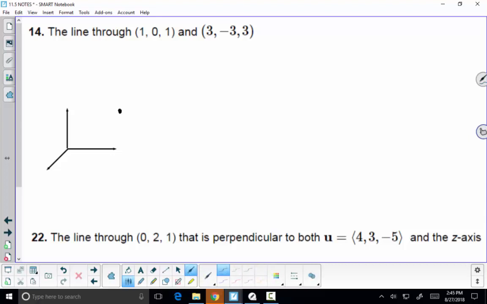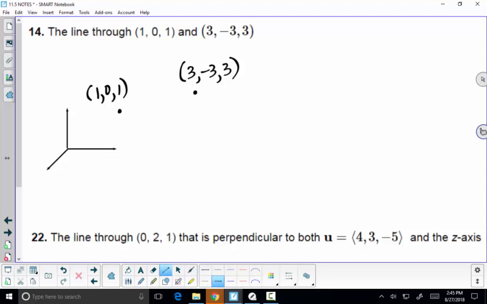I'm going to call this one 1, 0, 1, not to scale. Don't try to think of this as to scale. All we need is a relationship between these points to get how the terminology fits in. So this first vector here, this is R naught.